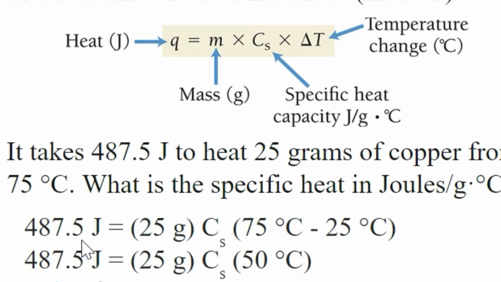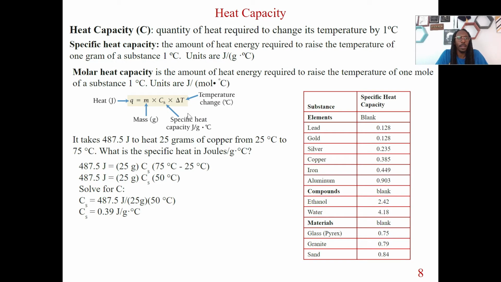So we've got 487.5 joules equals, in this case, what is our mass? Our mass is 25 grams, right? 25 grams of copper. So that's our M. And then we're looking for a specific heat capacity. That's what we're looking for. That's our X, right? And then delta T, change in temperature.